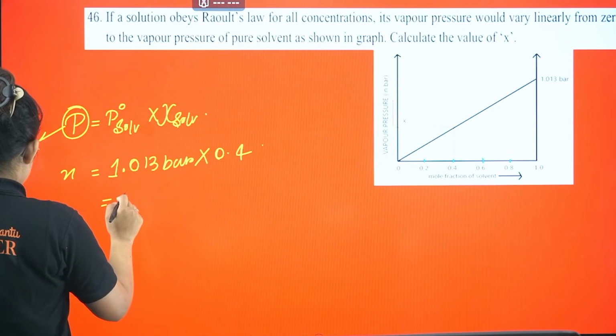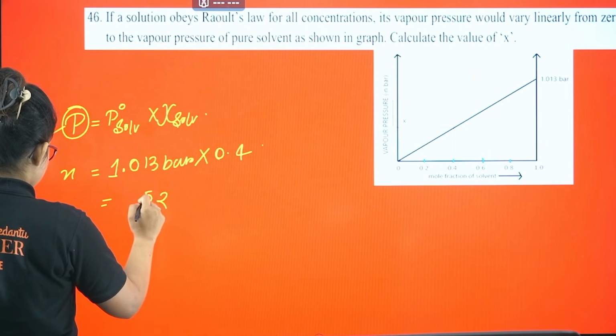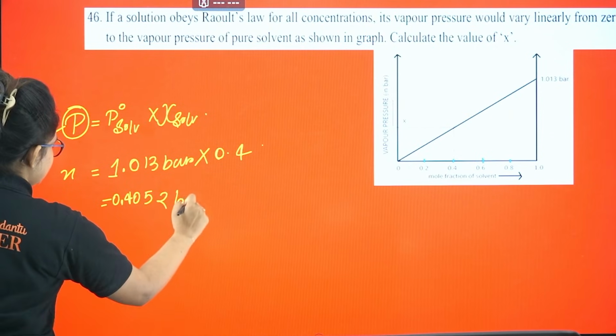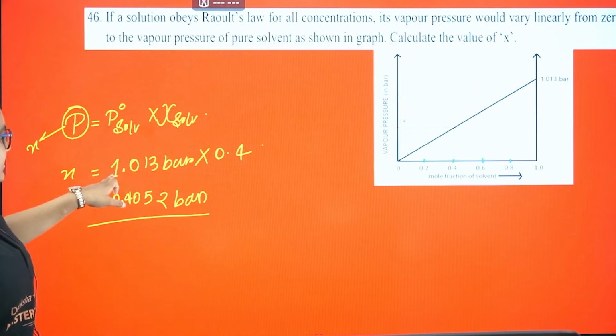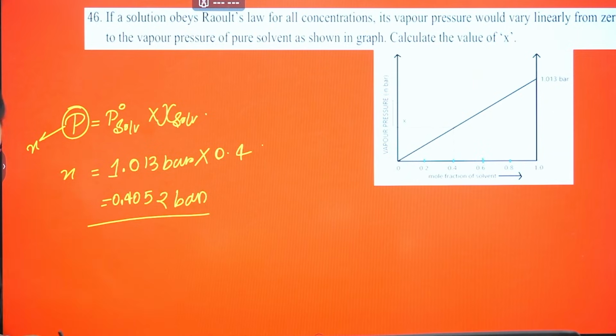Okay, so if you calculate this, it should come to 0.4052 bar. That's it. This is your answer. The main thing is you just have to write down this atmospheric pressure by yourself. Otherwise it's a very simple numerical. Okay, I guess this is clear to you.